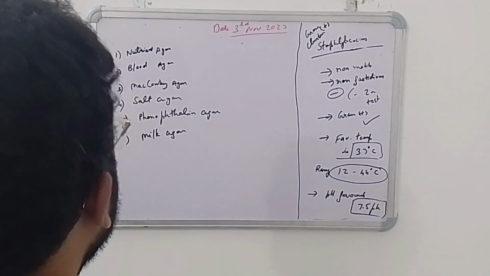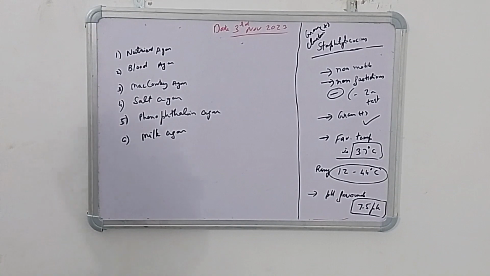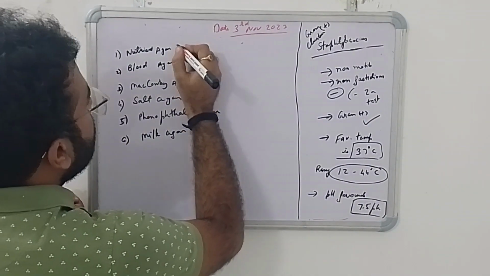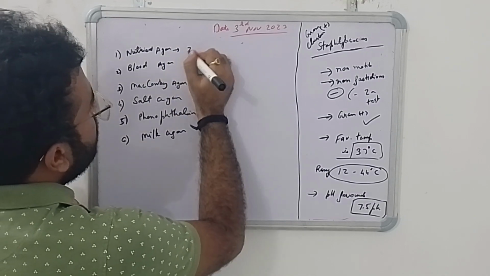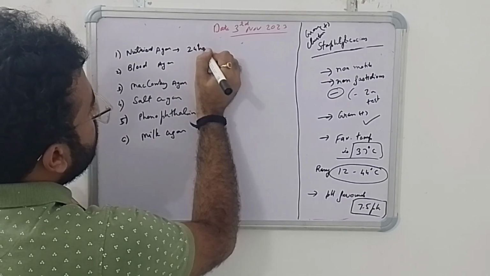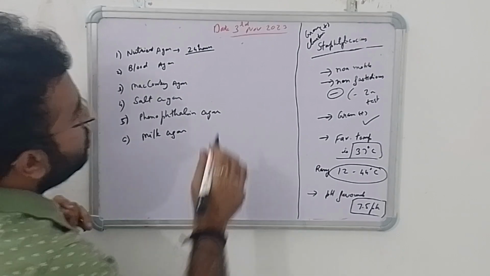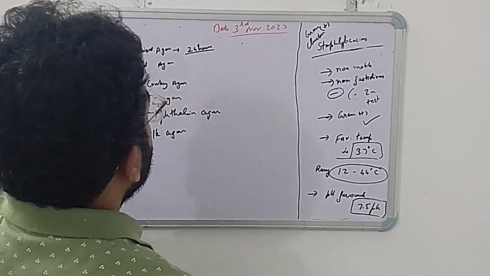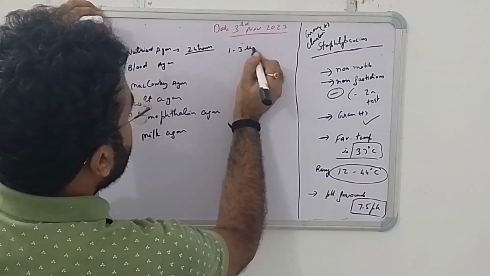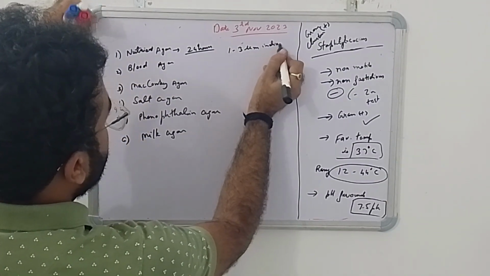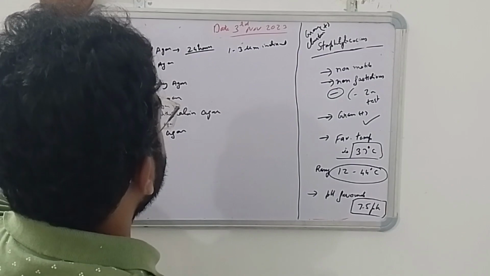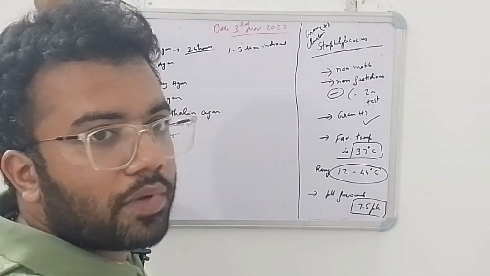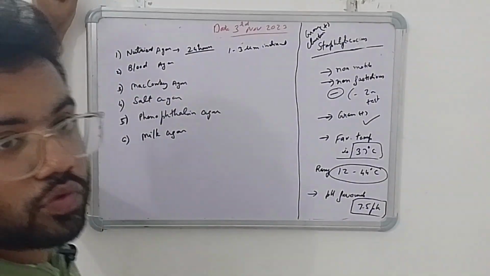Now we will move to the nutrient agar. We will grow this bacteria on this nutrient agar plate for 24 hours. After 24 hours, you will see the colonies of Staphylococcus 1 to 3 micrometers in diameter, and you will see a golden yellow pigment if it is Staphylococcus aureus.